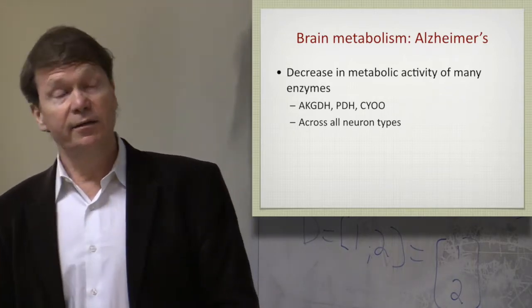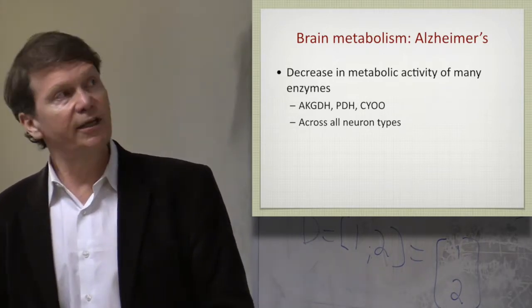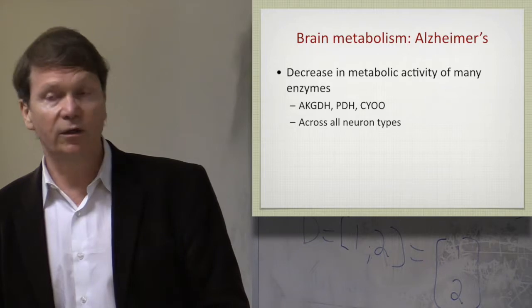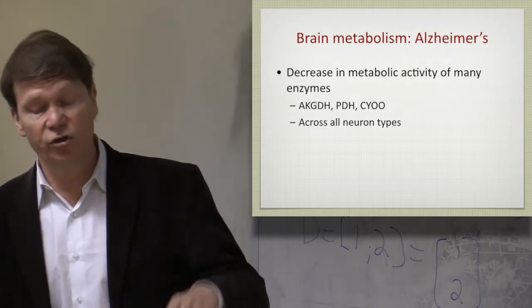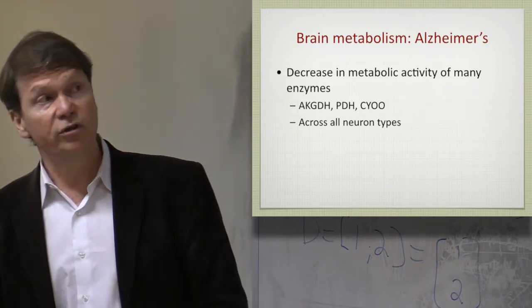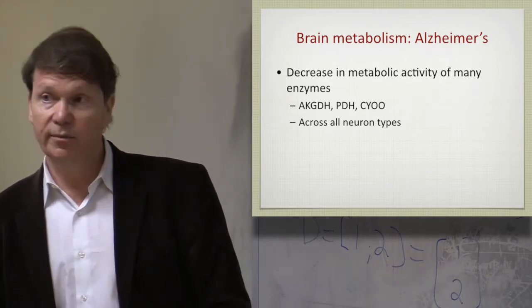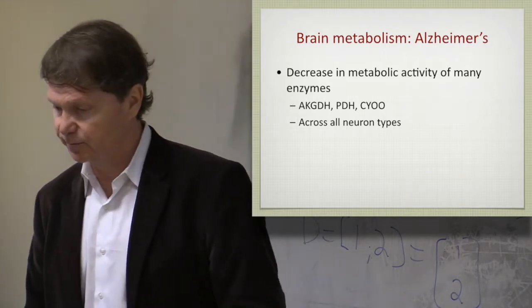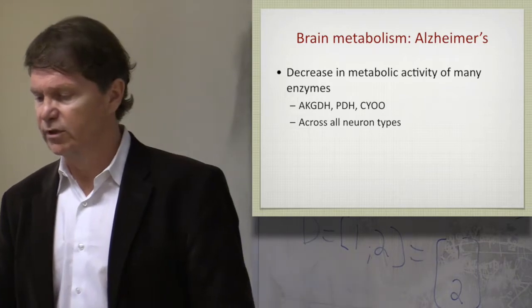But anyway, in Alzheimer's, apparently one of the hallmarks of the disease are changes in the activity level of some enzymes, including alpha-ketoglutarate dehydrogenase, pyruvate dehydrogenase we talked about before, and a certain cytochrome. So the activity levels of those change markedly in this disease. And this happens in all the neuron types. There are three principal types of neurons.